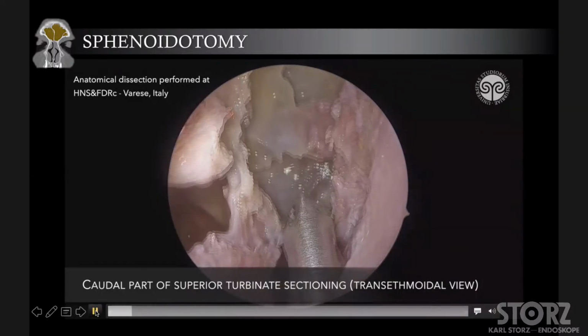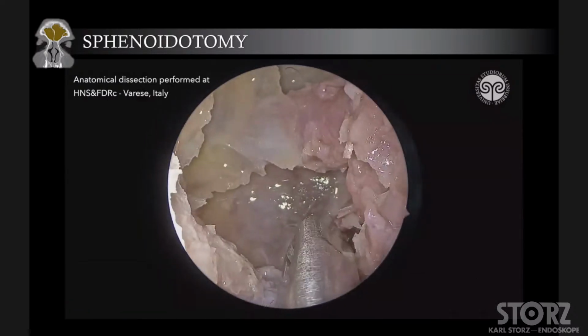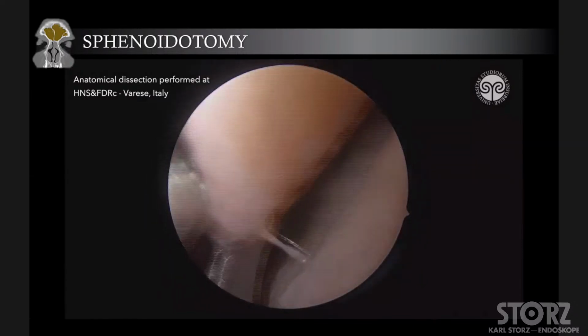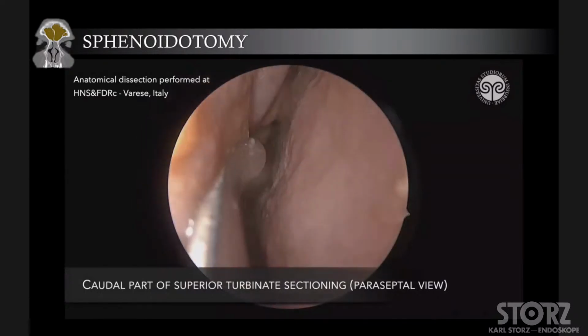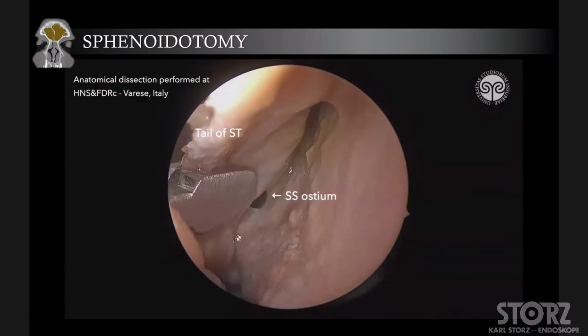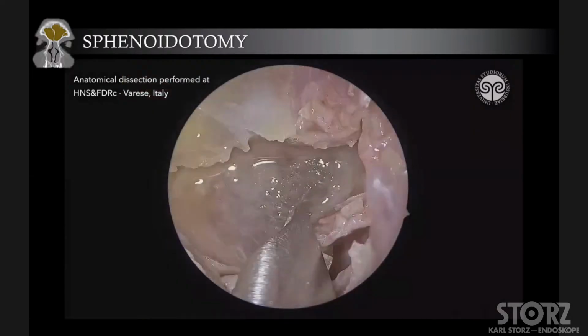Now we have identified the lower part of the superior turbinate, and we are cutting the lower part of the superior turbinate in order to reach the natural ostium of the sphenoid. You can see the natural ostium of the sphenoid is just below and just behind.